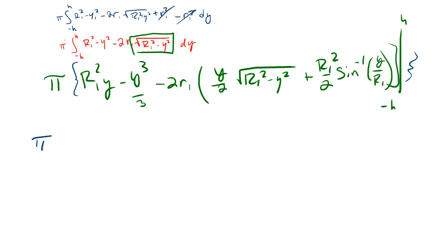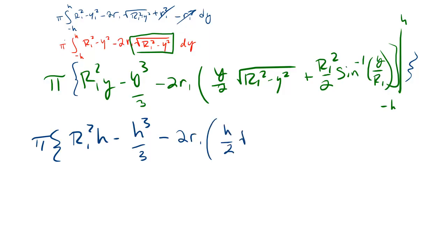I'd have R1 squared h minus h cubed over 3 minus 2 r1 times h over 2 root R1 squared minus h squared, plus R1 squared over 2 times sine inverse of h over R1.